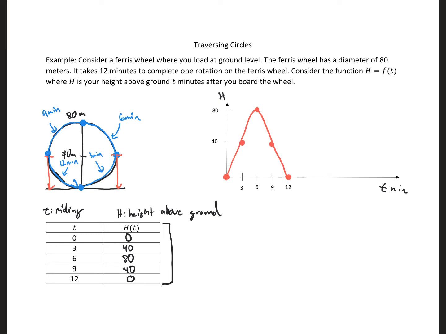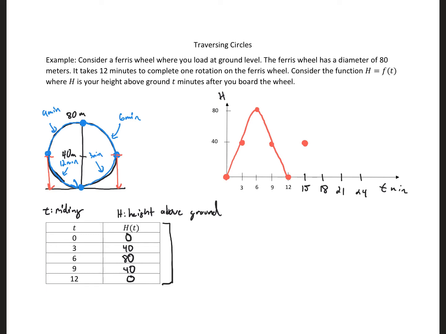Imagine if I continued this pattern. And let's look at what our height would be after 15 minutes, 18 minutes, 21 minutes, and 24 minutes. Well, what would happen at 15 minutes? I would be going from ground level, and during that 3-minute time period, I'd be back to the quarter point, or 40 meters above ground.